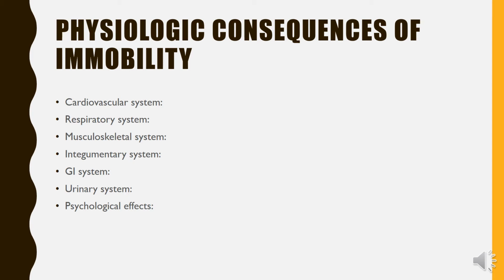The urinary system can be directly affected because calcium from bone increases in the blood from immobility, bladder tone decreases, and more time in a supine position from immobility leads to urinary stasis, which can result in infection, renal calculi, and urinary tract infections.